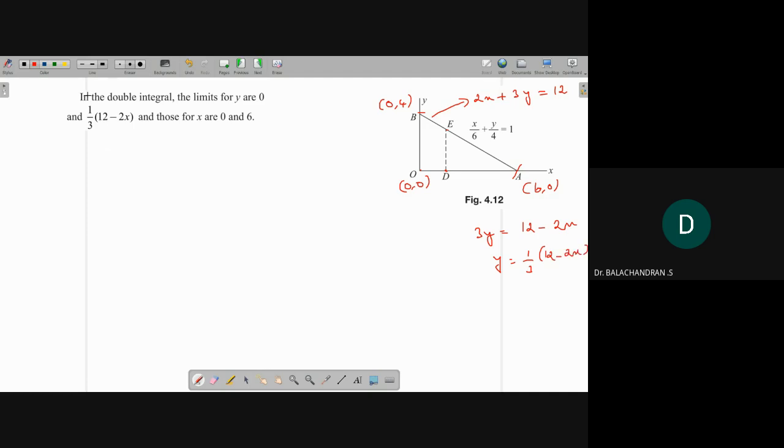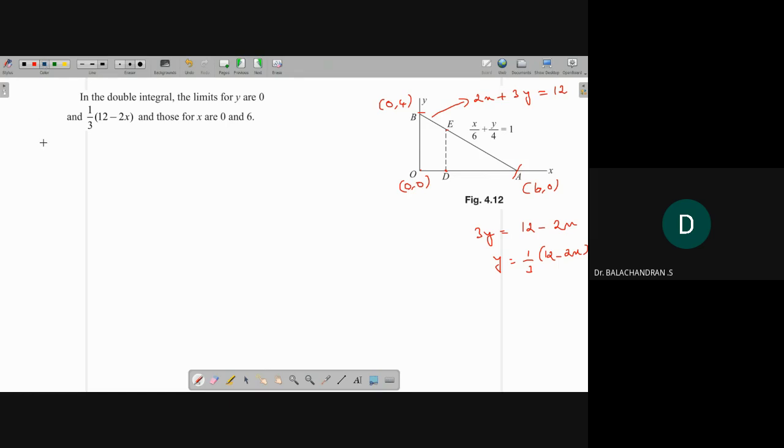In the double integral, the limits for y are 0 to 1 by 3 into 12 minus 2x. Once you take the strip parallel to the y-axis, you move the strip from initially here, then here, here. So x varies from 0 to 6. The remaining thing is just calculation.